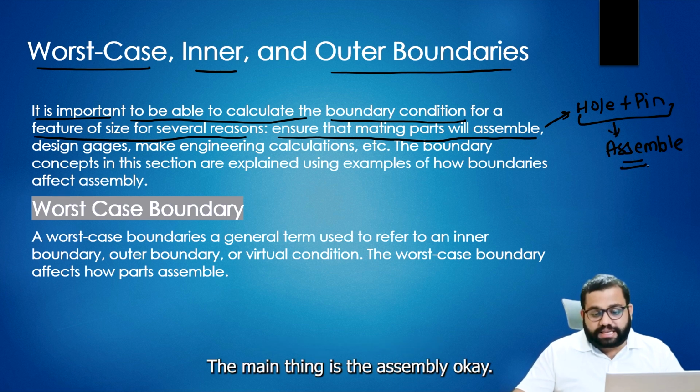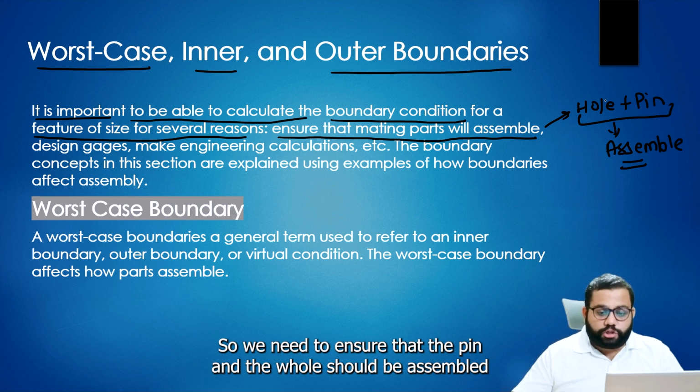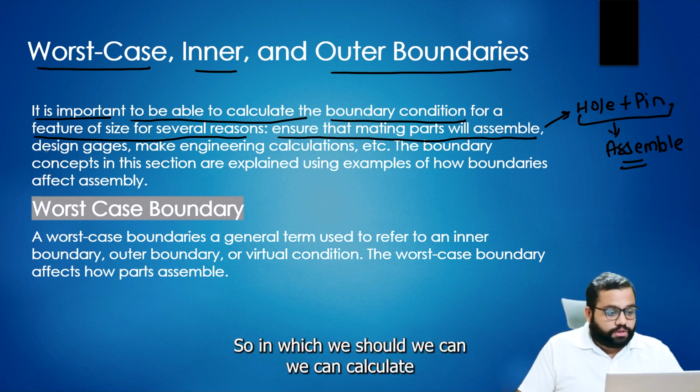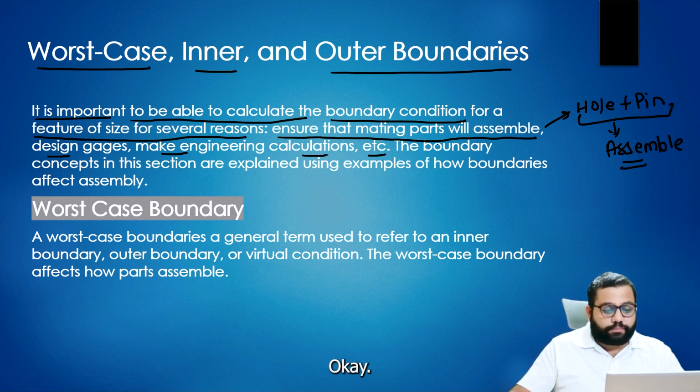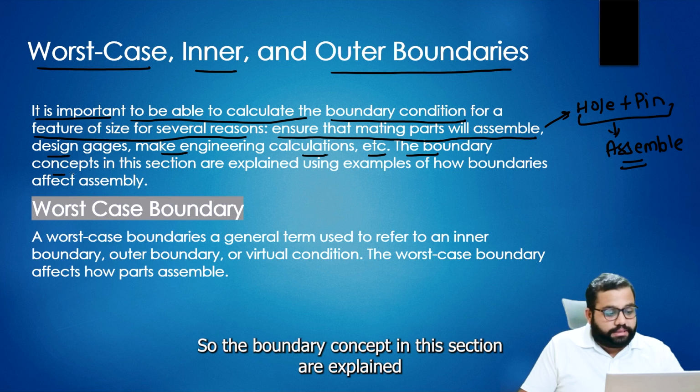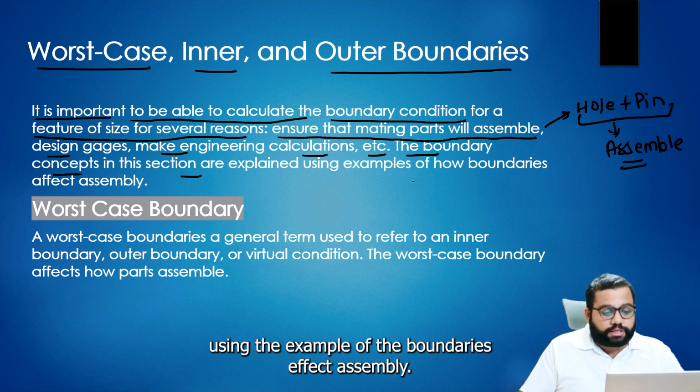The main thing is the assembly. We need to ensure that the pin and the hole assemble with one another. We can also calculate for design gauges, make engineering calculations, etc. The boundary concepts in this section are explained using the example of how boundaries affect assembly.